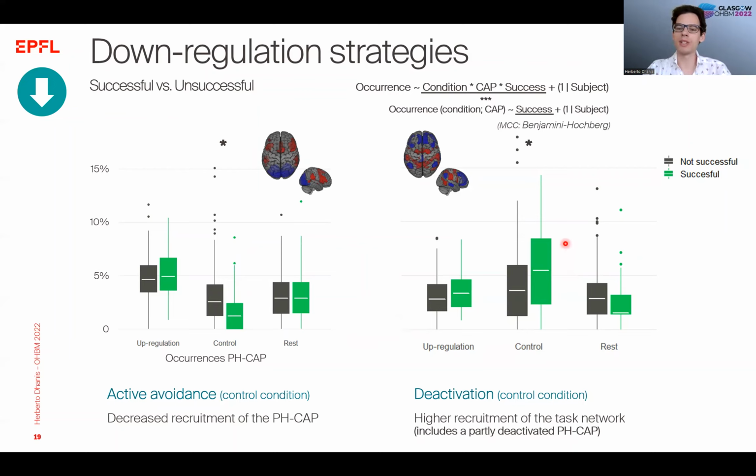Because we see that there is a higher recruitment of the task CAP, which I had told you included a partially deactivated presence hallucination network here on the right. And because the feedback is adaptive, you can see how lowering your presence hallucination network during the control will lead to a higher differential that then gives you a higher feedback in the upregulation condition.